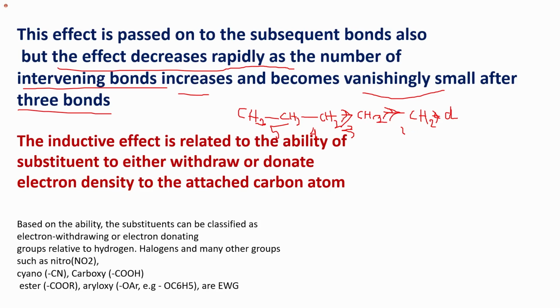Up to this one there will be some inductive effect, but after this carbon and this carbon it will be vanishingly small, very small. We cannot even count whether any inductive effect is there in this carbon. Although it is connected through 4 carbon atoms to a chlorine atom, it doesn't have any kind of inductive effect.